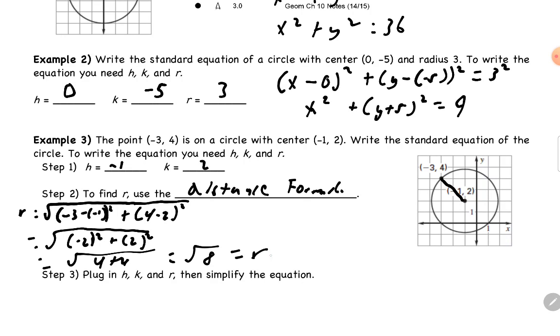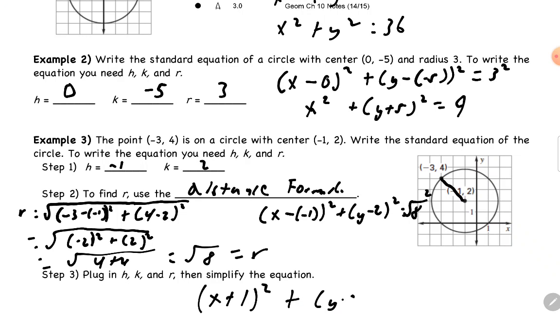Okay, and then we're going to use this for r. Because when we write our formula, x minus -1 squared plus y minus 2 squared equals square root of 8 squared. So we'll get x plus 1 squared plus y minus 2 squared equals square root of 8 squared, which is 8.